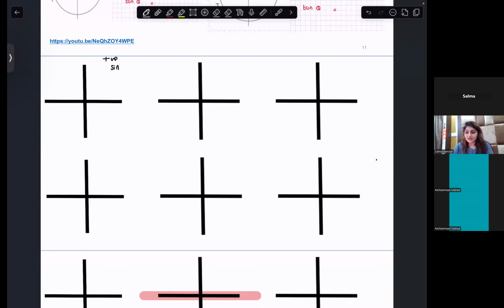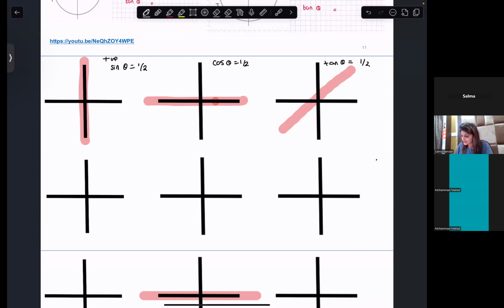That means I had a positive sine theta equal to half, cos theta equal to half, and tan theta equal to half. Then with the use of a calculator, we found out that it is 30 degrees. Cos theta would be the x-axis and the tan theta is diagonal. Are you with me?